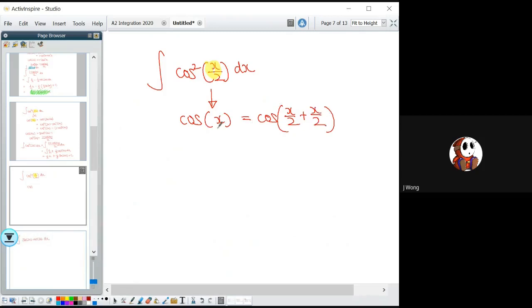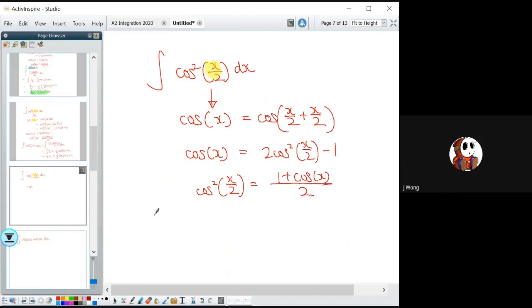You can change x into x over 2 plus x over 2, and then you can write it into the expression that we want. In this case, cos x equals 2 cos squared of x over 2 minus 1. If you rearrange it, again, you have cos squared of x over 2 equals 1 plus cos of x over 2, and you can integrate from there. Okay?